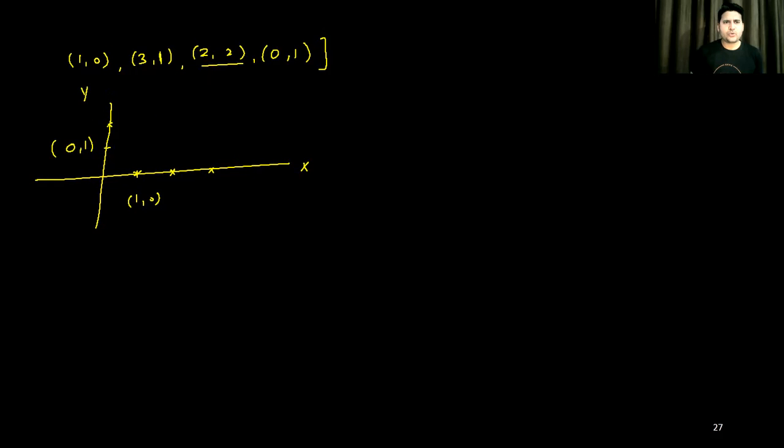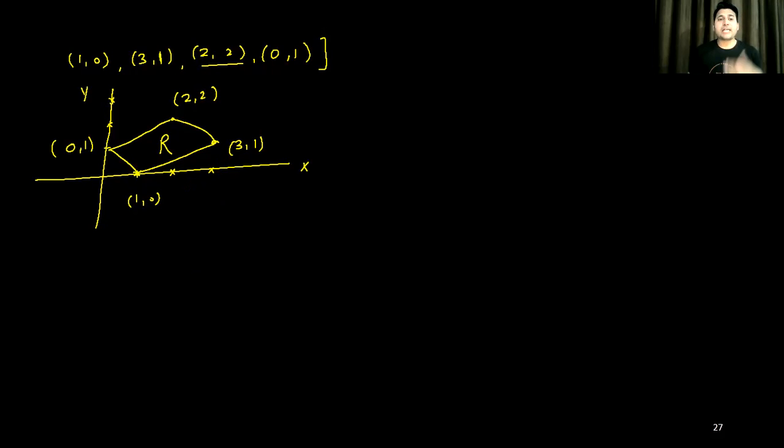Same over here, 2 and this is 3. (3, 1) will lie somewhat over here. (2, 2) will lie somewhat over here. Just join these points. If I join these points, this is the region that I obtained, and this is the region R.